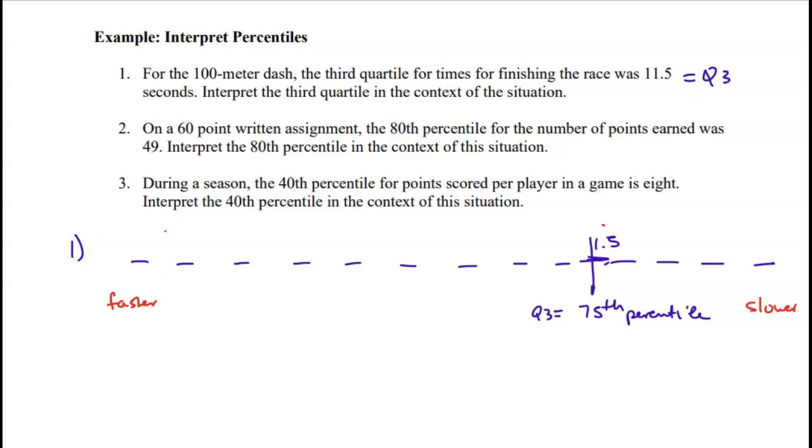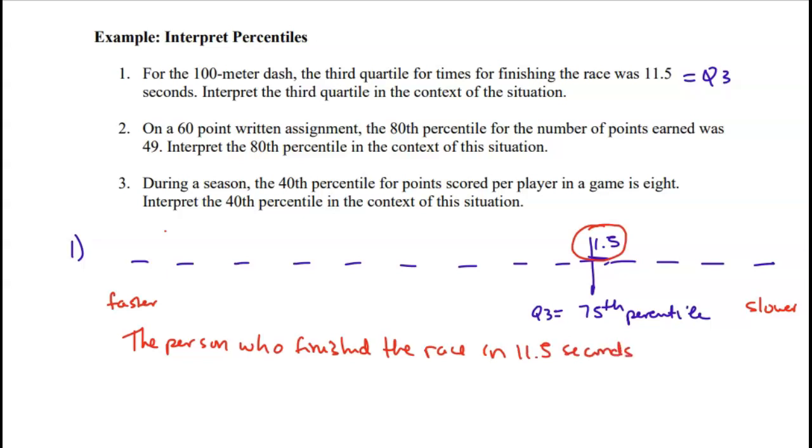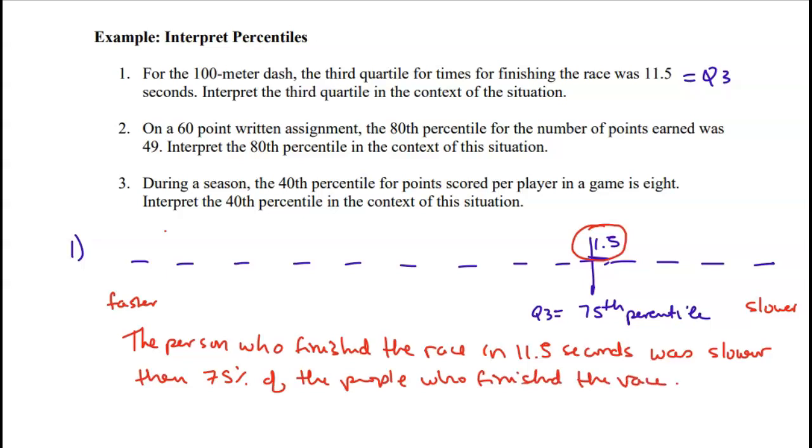So this person, that's Q3, the person who finished the race in 11.5 seconds was slower than 75% of the people who finished the race. All right, so that's the interpretation for that percentile.